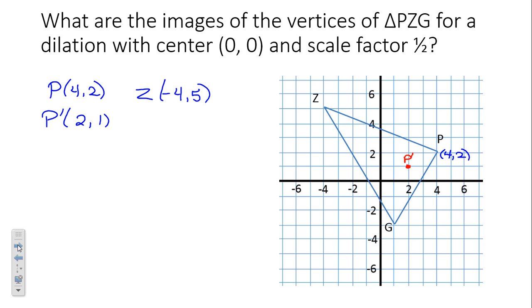What will we get, T? When we take half of -4, we'll get -2. Half of 5, 2.5. So we'll be 2 back, 2.5 up. Label it Z prime.